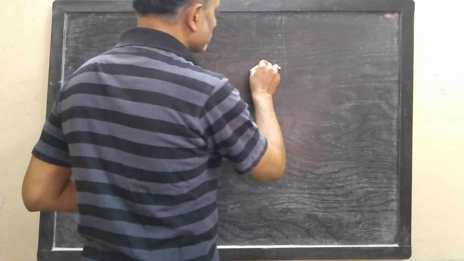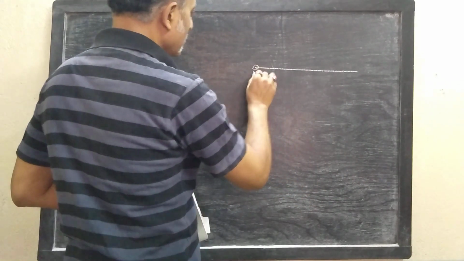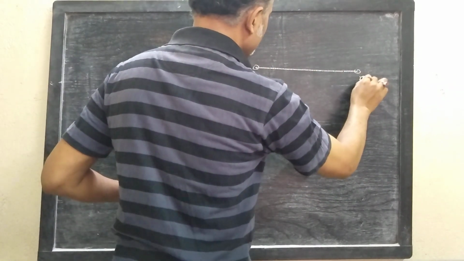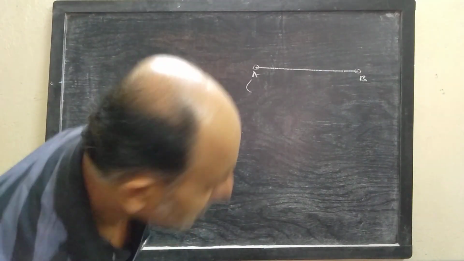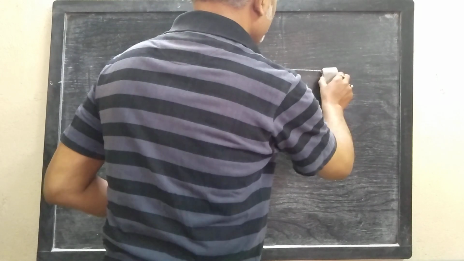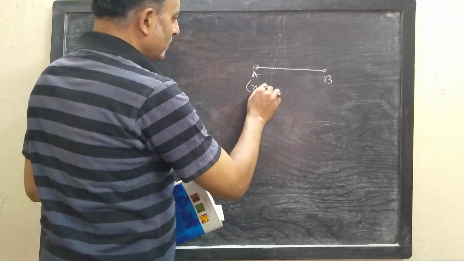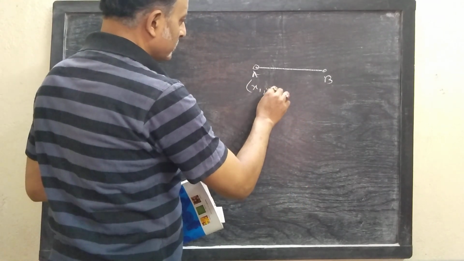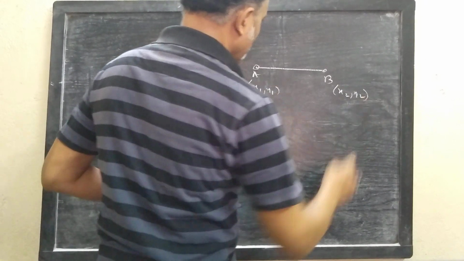Suppose A and B are 2 points. Let's keep some space here. Coordinates of point A are x1, y1 and that of B are x2, y2.